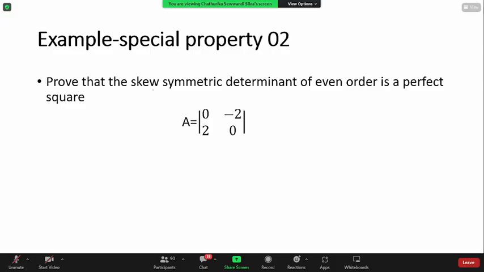Right? So for even order skew symmetric determinants, the answer of the determinant is a perfect square. You can check this by yourself. This is an example for that.